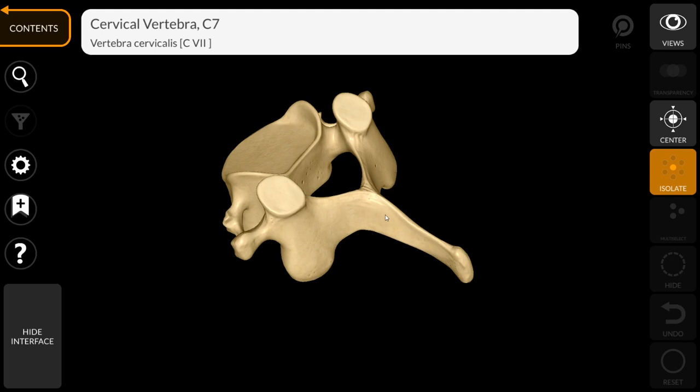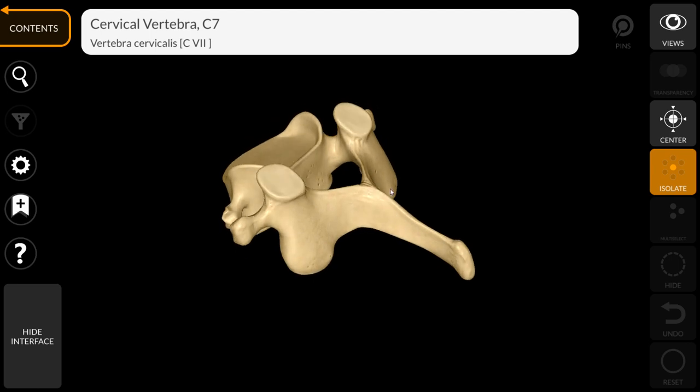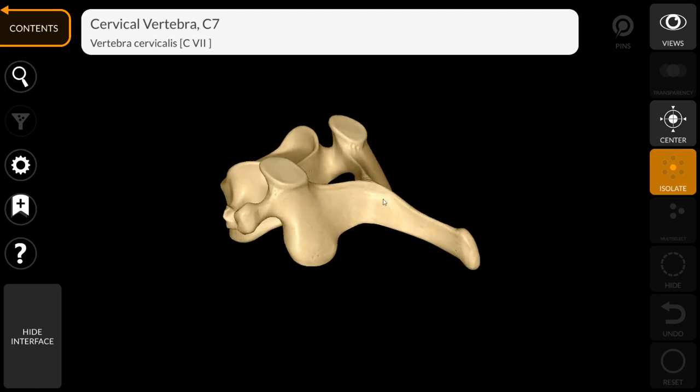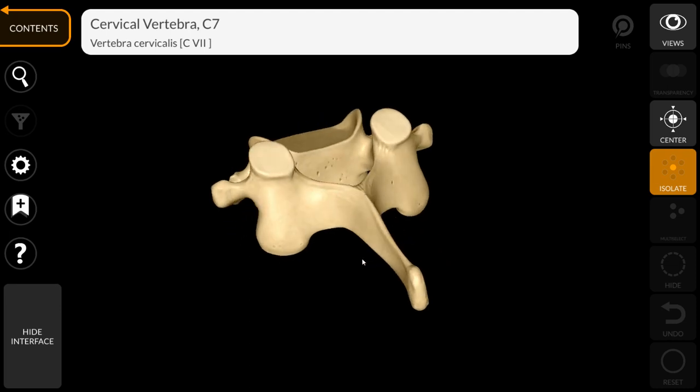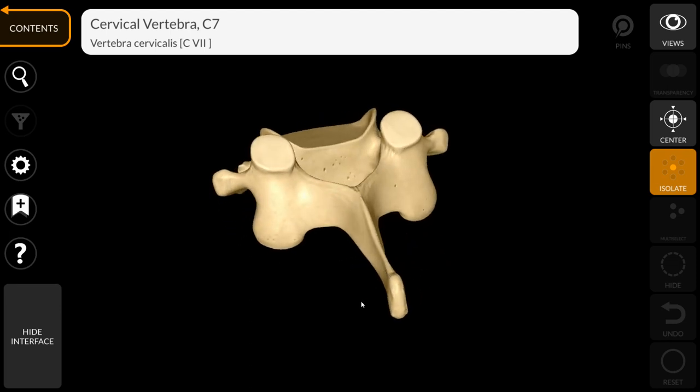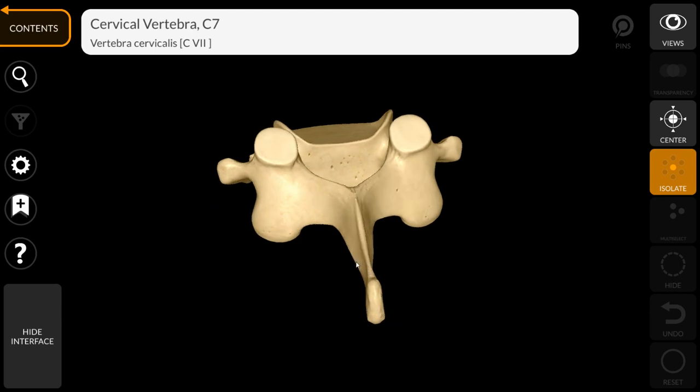The spinous process of C7 is very prominent. It is very long and deep, and it points backward and also inferiorly. Also, it doesn't have a bifid spinous process.